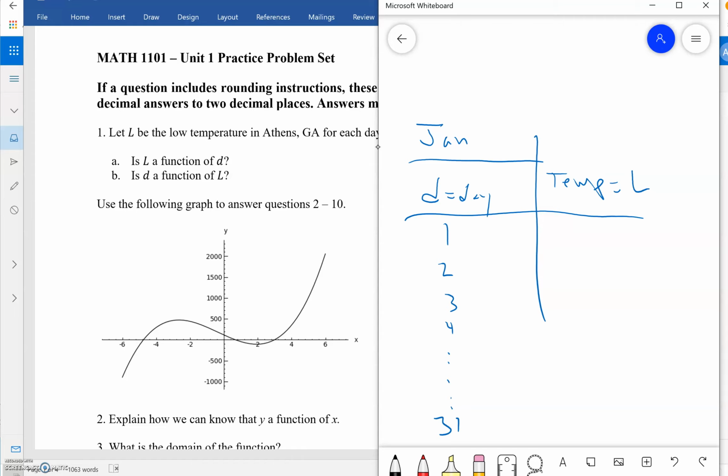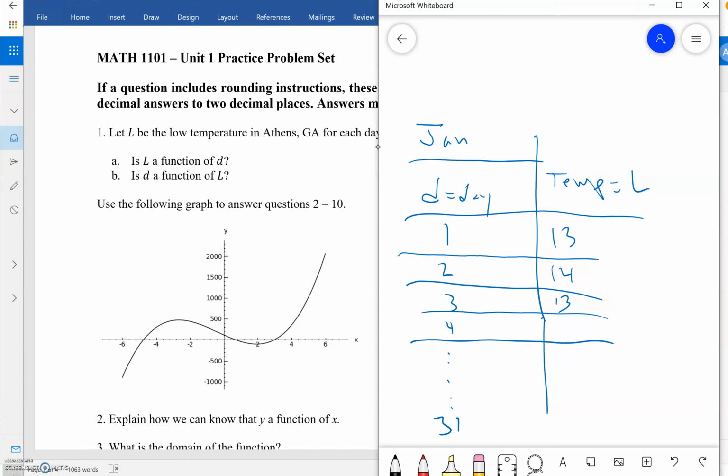January has 31 days, doesn't it? I have to check that later. And then the low temperature on day 1, let's say it was 13 degrees, and then day 2 was 14 degrees, and day 3 it was 13 degrees again, and day 4 is 27 degrees. I don't know.